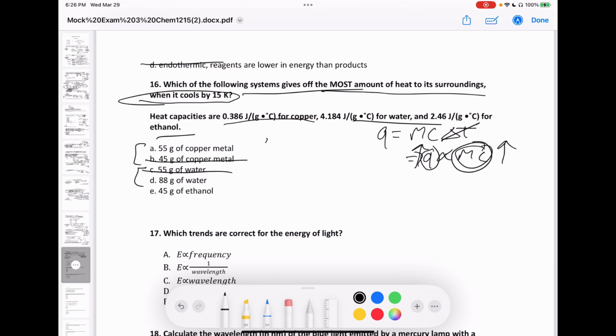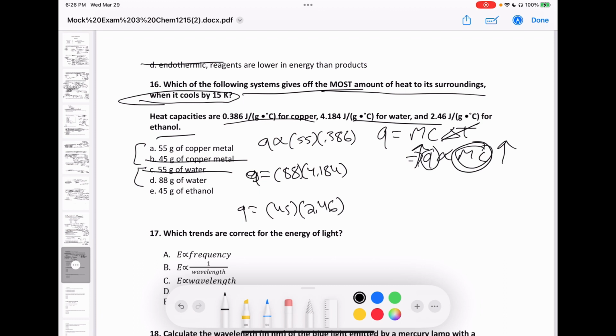So Q is proportional. I'm going to do this for the copper first: 55 times 0.386. This is for water, Q is proportional to 88 times 4.184. And this is for ethanol, Q is proportional to 45 times 2.46.